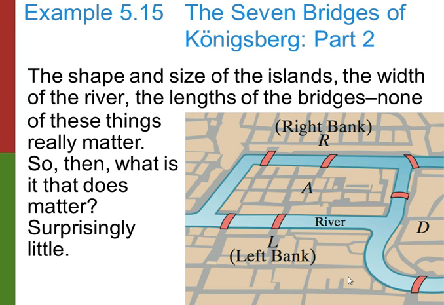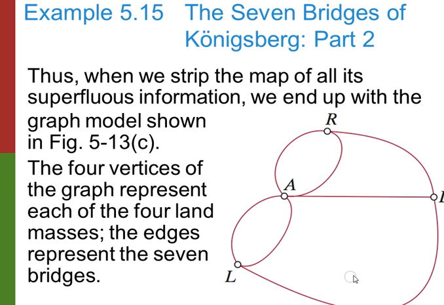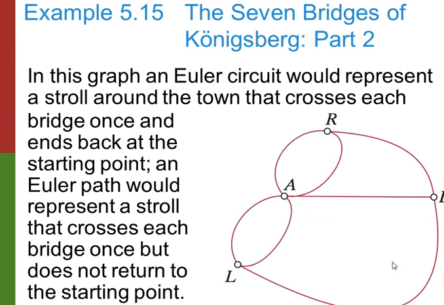But it doesn't matter the shape of the islands or the shape of the river. So I could do a graph that would look like that if I wanted to. That'd be perfectly okay. And then I could just bring it over here. And now all the extra information of where the other roads are or what they're called are all superfluous. I just have vertexes and edges.